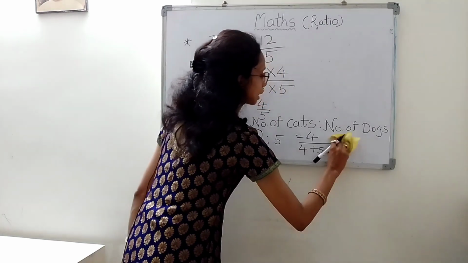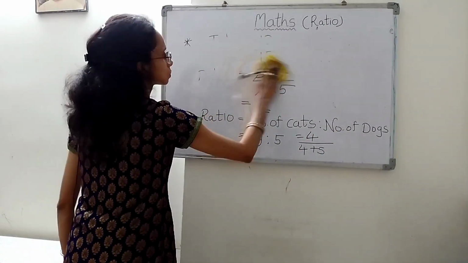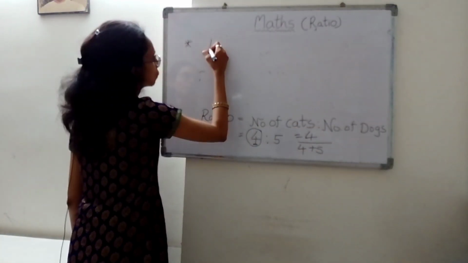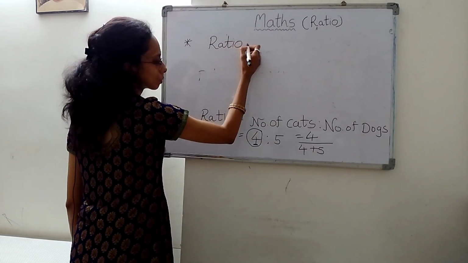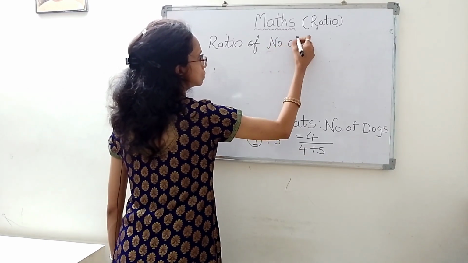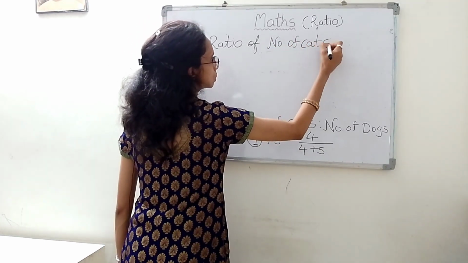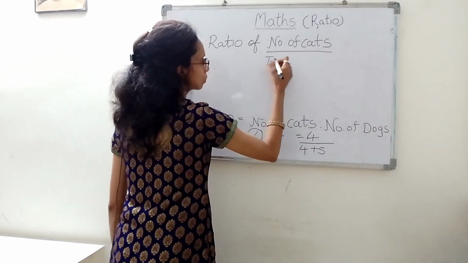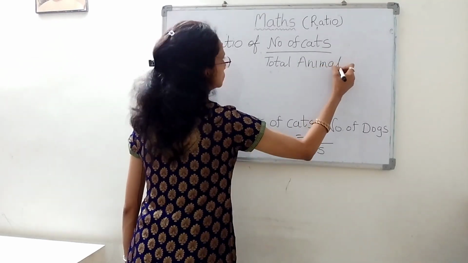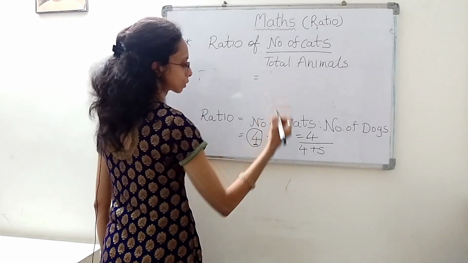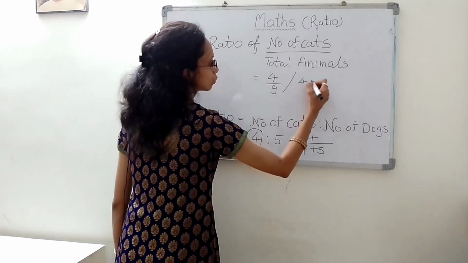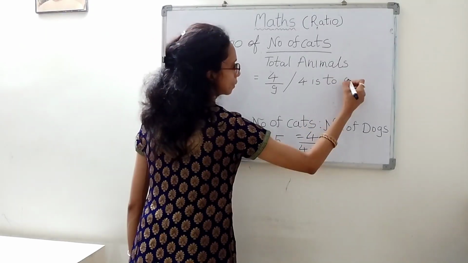So here we can write that the ratio of the number of cats to the total number of animals is 4 upon 9, or it can also be written as 4 is to 9.